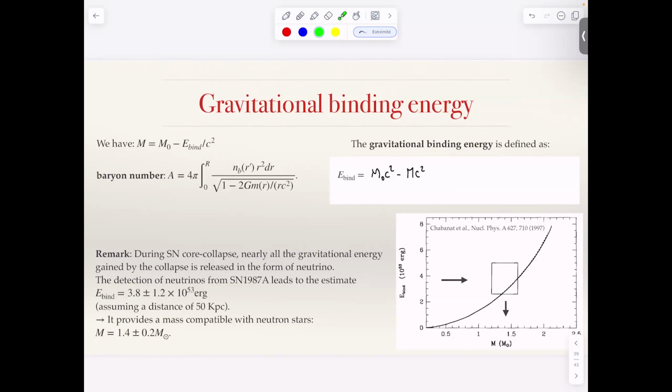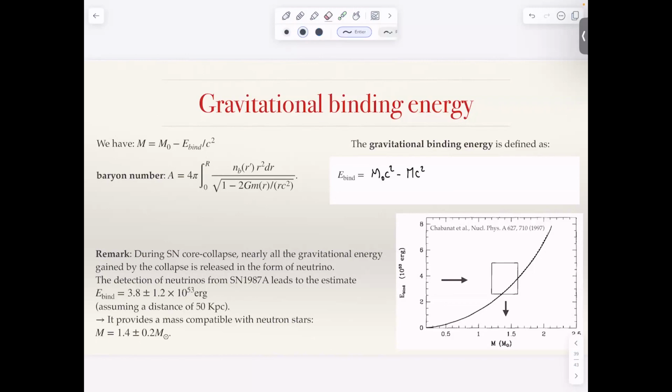This is how I would obtain a particle number, and this afternoon we'll do this exercise. And typically, what you expect to obtain for a neutron star is a number of particles of the order of 10 to the 57. So inside a neutron star, you have approximately 10 to the 57 particles.